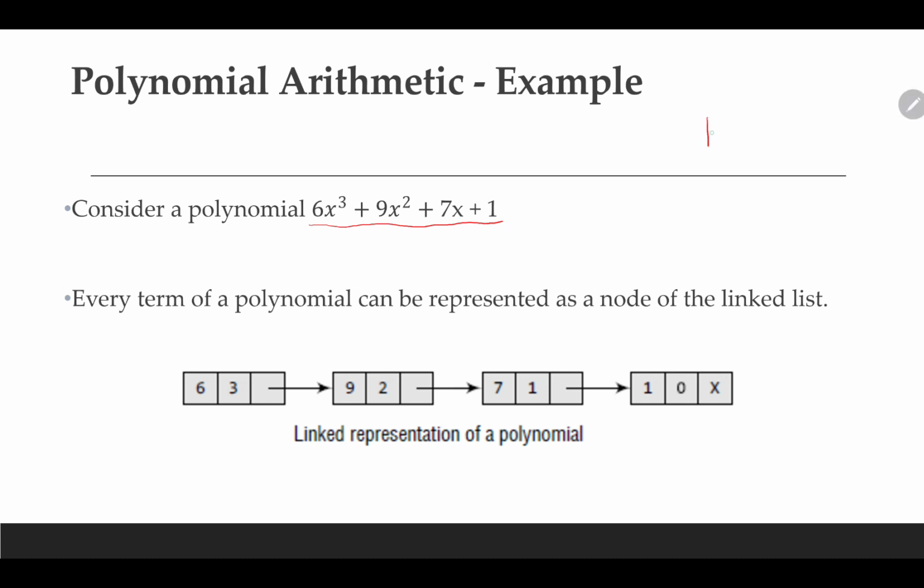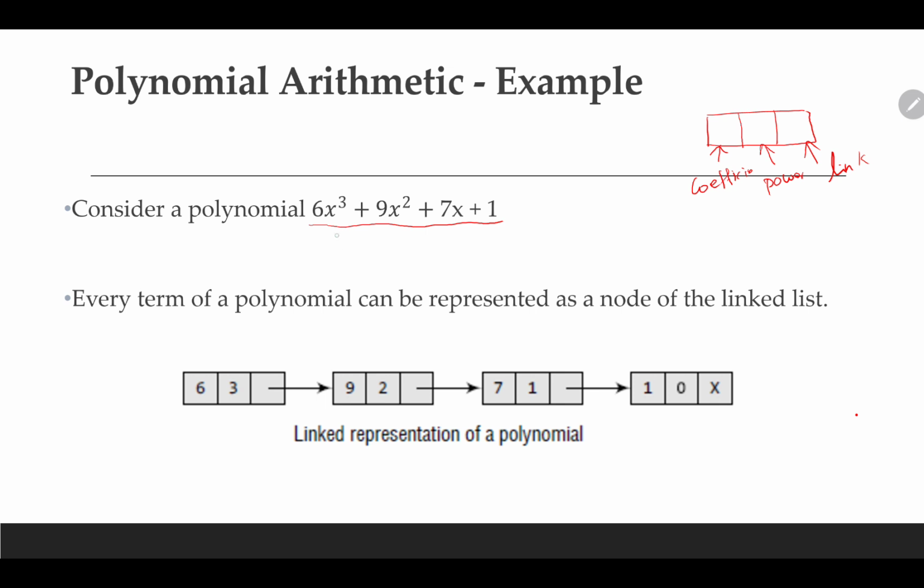So the node is divided into three parts. The first part contains the coefficient. In the second part it contains the power, and the last one contains the link, that is the address of the next node.